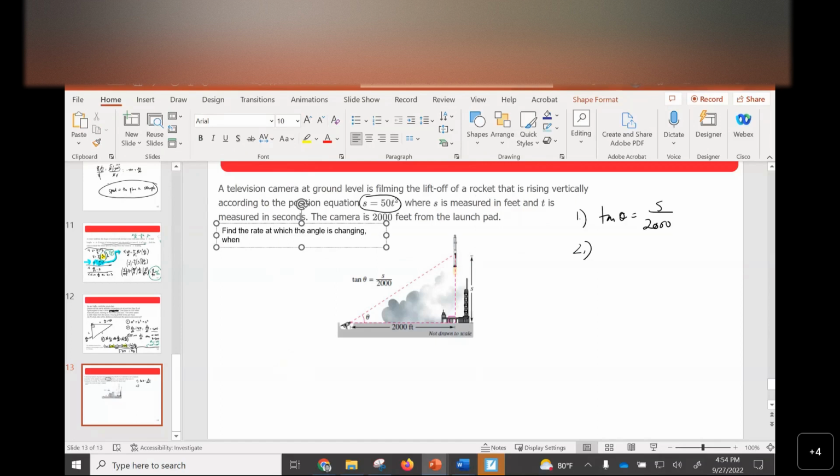In this case, it's going to be 10 seconds after liftoff. Find the rate at which the angle is changing 10 seconds after liftoff.